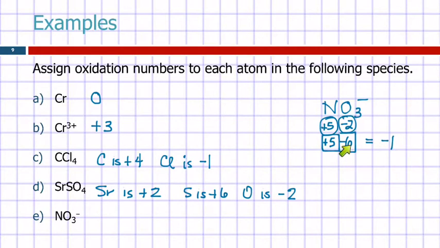The -6 is coming from each of these oxygens having -2, and there's 3 of them. So 3 times -2 is -6. So down here, we would say that the nitrogen is +5, and the oxygen is -2. And you'll see that oxygen is almost always -2, unless it's O2, the element, and then it would be 0. Any questions?